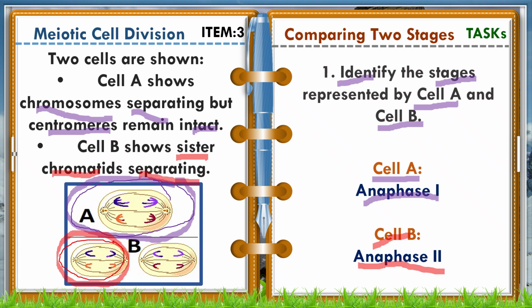When you look here, in the middle it was one chromosome, but now it's split into two parts. When it splits, one chromatid goes to one side and another chromatid goes to the other side. So that's why we are saying that the sister chromatids are separating. And for the sister chromatids to separate means that we are in anaphase 2.